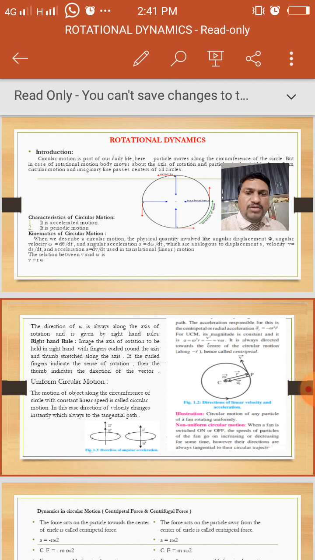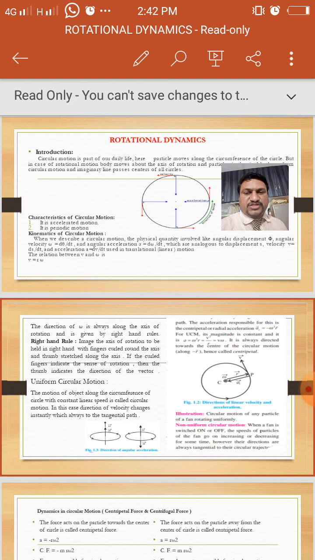The electron repeats its motion after an equal interval of time. Nobody pushed the electron to revolve around it. The electron repeats itself, so it is a periodic motion. These are the two important characteristics of circular motion: one is accelerated motion and the second is periodic motion.